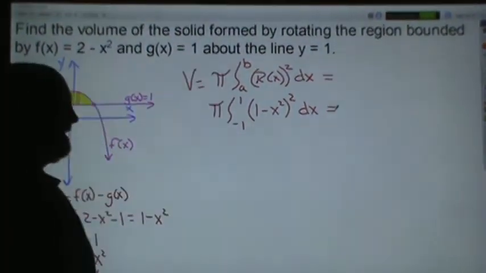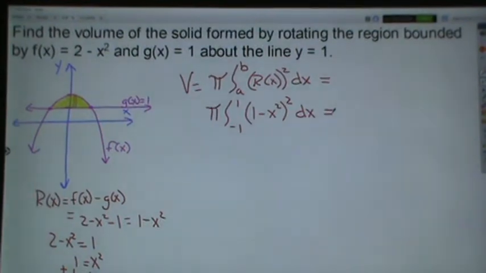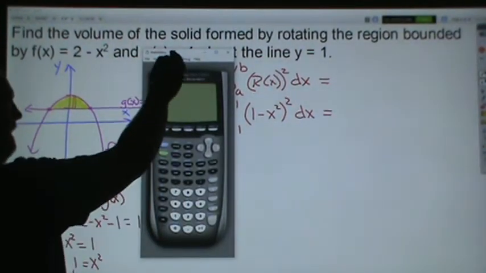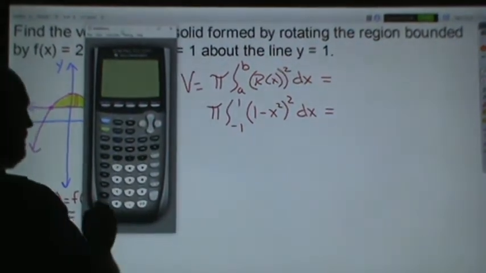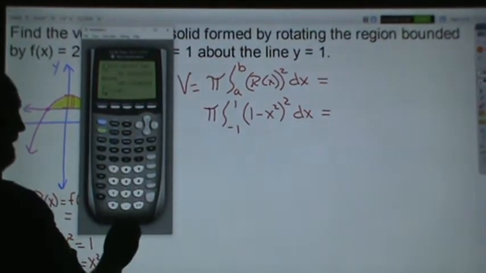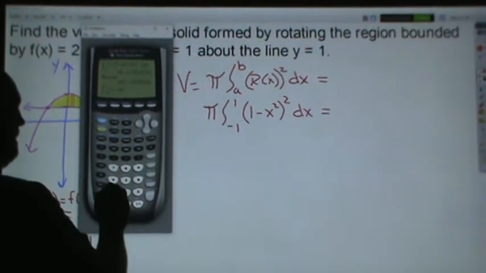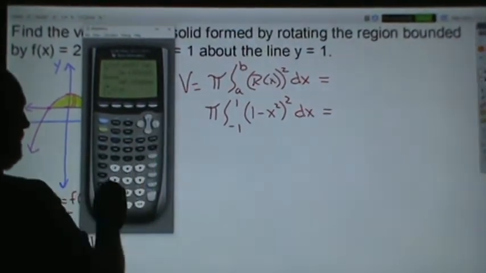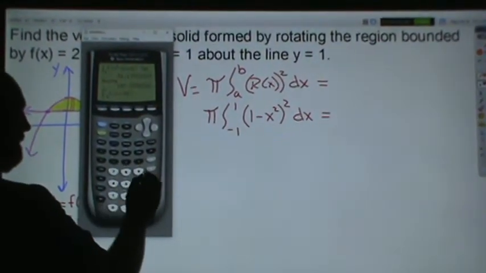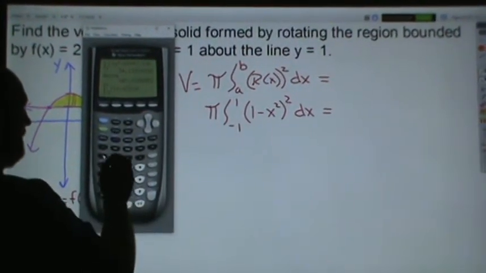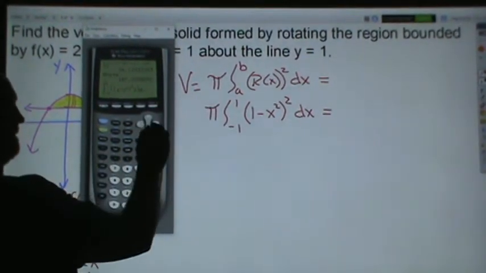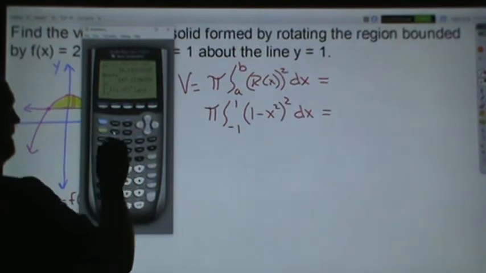Again, I could take the time to work that out if I wanted to, but to shorten up this video, I'll just put it in the calculator. So in my calculator, I can do math 9. I'm going to go from negative 1 to 1, the quantity 1 minus x squared, squared dx.